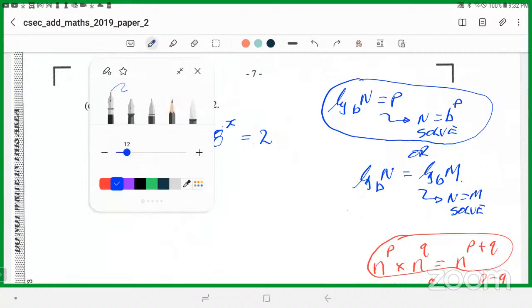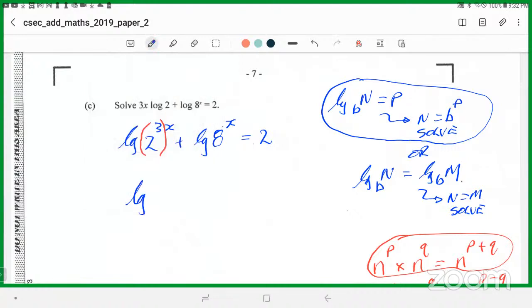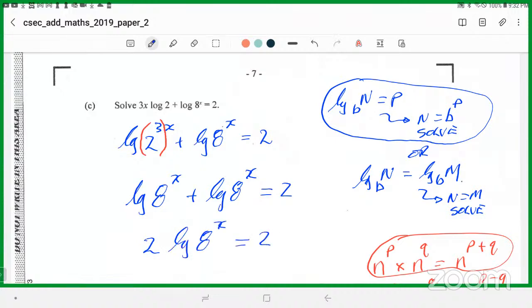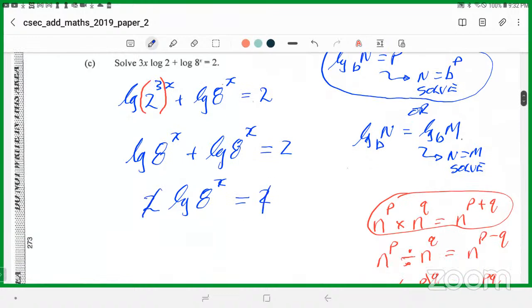So this expression becomes the log of 8 to the power x plus the log of 8 to the power x equals 2. And so we have two of the same things. So we get 2 times the log of 8 to the power x equals 2. And we can divide both sides by 2 and get the log of 8 to the power x equals 1.